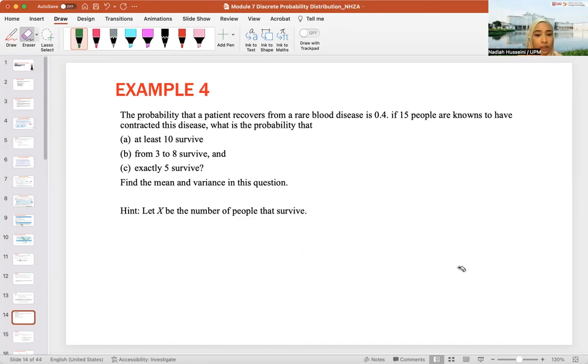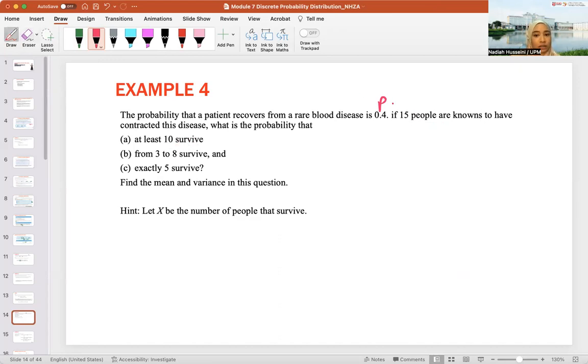So the probability that a patient recovers from a rare blood loss is 0.4. So this will be our probability, right? If 15 people are known to have contracted this disease, what is the probability that at least 10 survive? I want everyone to help me on this one.